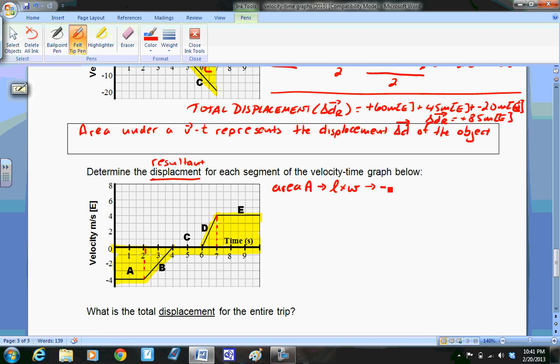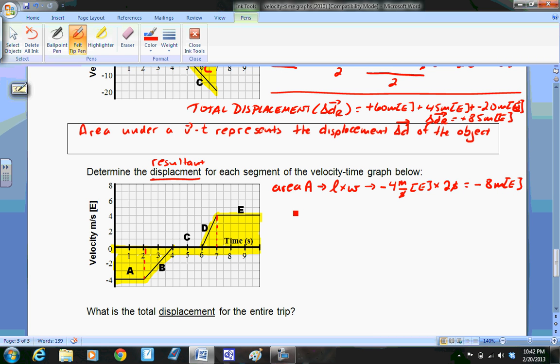It's a negative value: negative 4 meters per second east, times my width, which is 2 seconds. So we get a value of negative 8 meters eastward. In other words, during this component I had a westward velocity, so I have a westward displacement, or a negative east displacement. It makes sense.